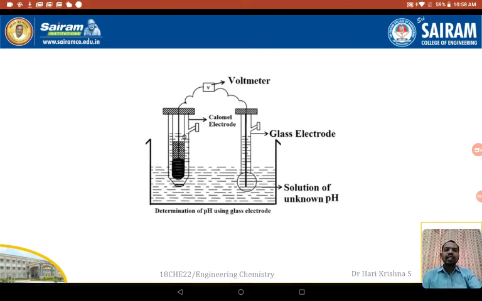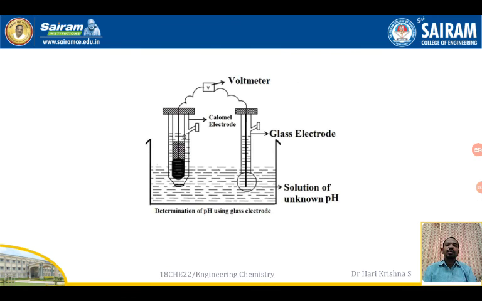In earlier days, before the glass electrode was invented, how did we determine the pH? We used to take a glass electrode and a calomel electrode. Both electrodes used to be dipped in a solution of unknown pH and connected to a voltmeter. Another part was a potentiometer, that is a Wheatstone meter bridge.